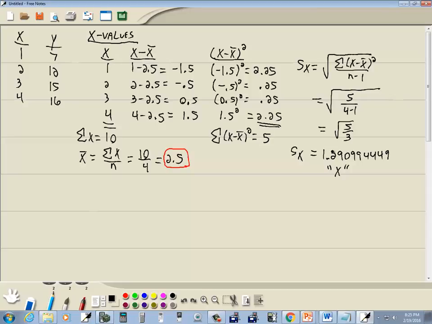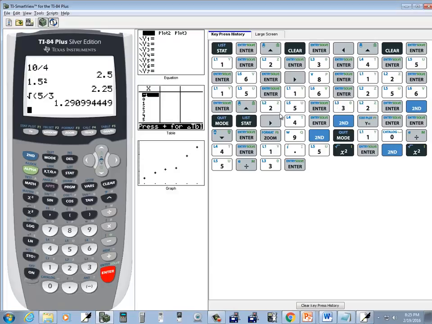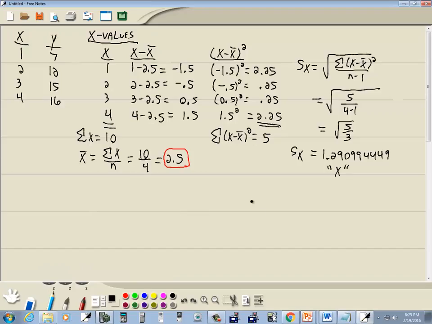S sub x is going to be stored in x. What I mean by that is at this point I press my store button, and then I want to choose alpha x. So alpha store to get the x, and then press enter. Okay, so now we have x bar and we have s sub x. And again, what I'm noting is where I stored it. That's where I stored s sub x.